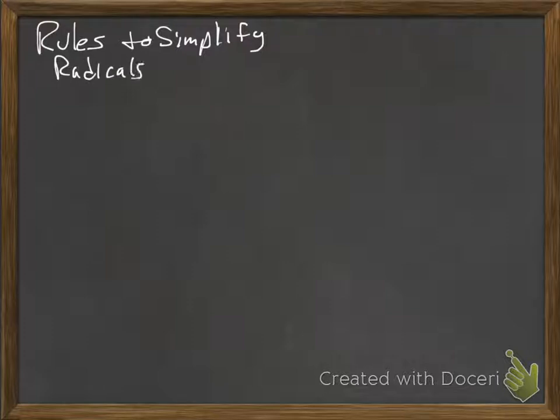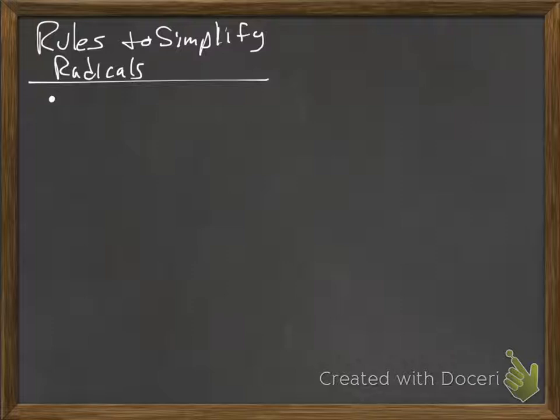So here are some rules to live by. These are rules to simplify radicals. And really, there's only two.